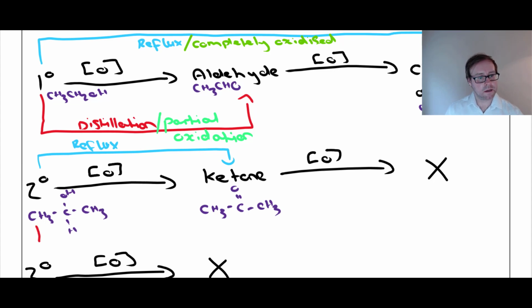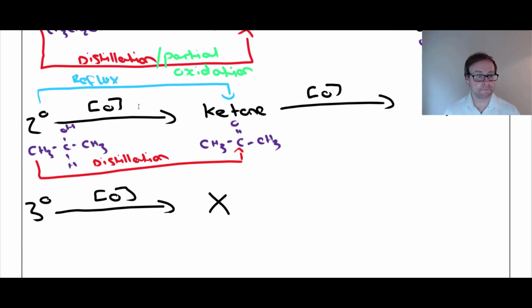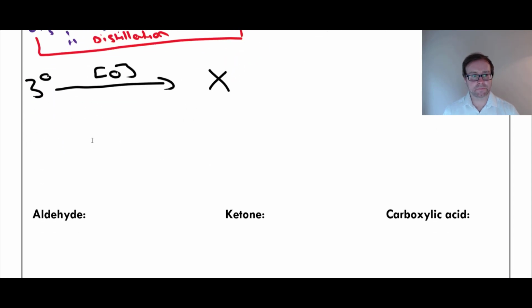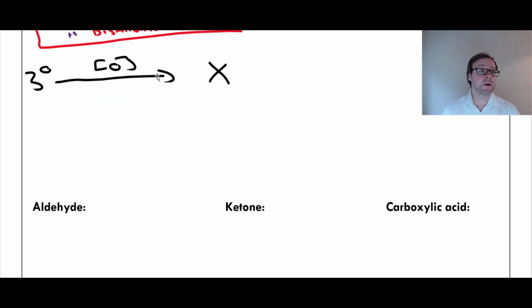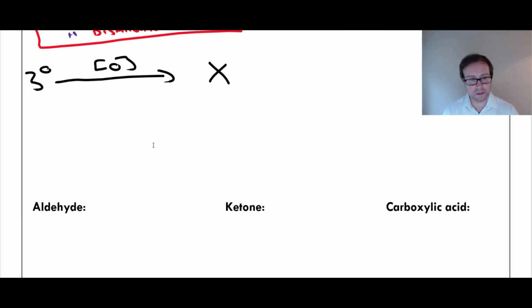However, if I really wanted to, I could distill it, because that would mean I could remove the ketone from the excess water. Okay, and lastly, a tertiary alcohol: if I oxidize a tertiary alcohol, nothing happens. Yep, so there's nothing that occurs.